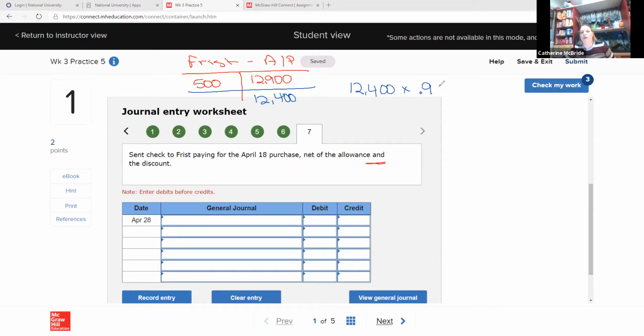So we're going to mail a check for 90%. Wait, we get a 1% discount. I knew there was something wrong with that. You get a 1% discount. So that's our discount. And this is what we're going to write our check for.